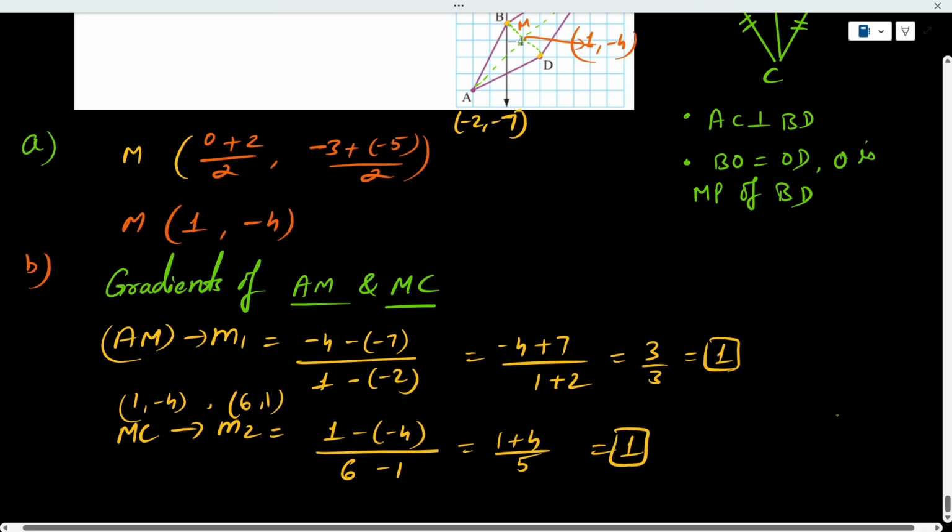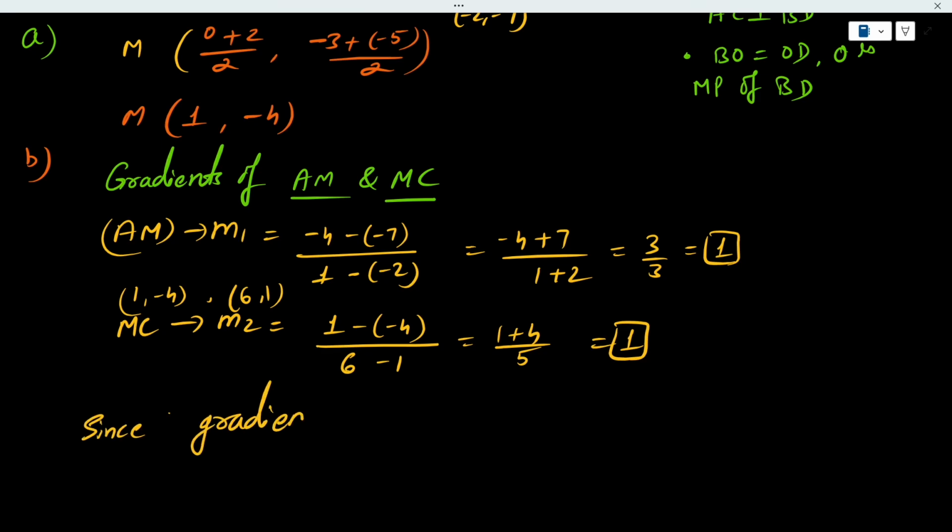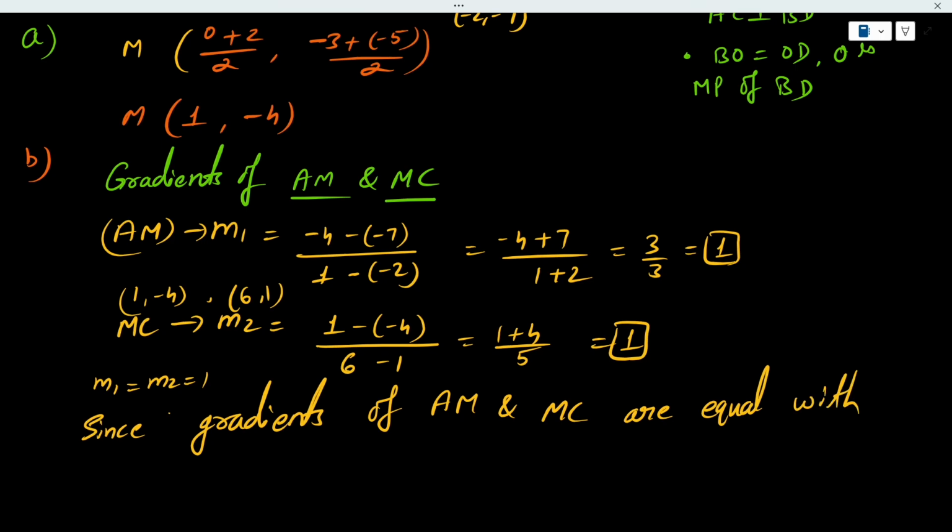So you can see that M1 is equal to M2. Both the gradients are equal, since gradients of AM and MC, you can write down here, M1 is equal to M2 is equal to 1. Gradients of AM and MC are equal with a common point.